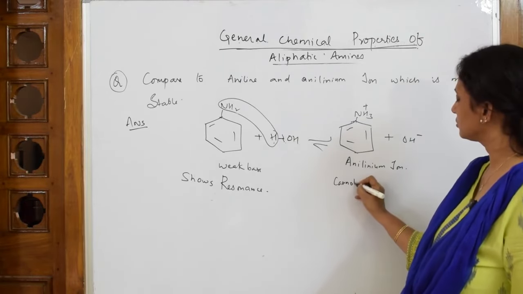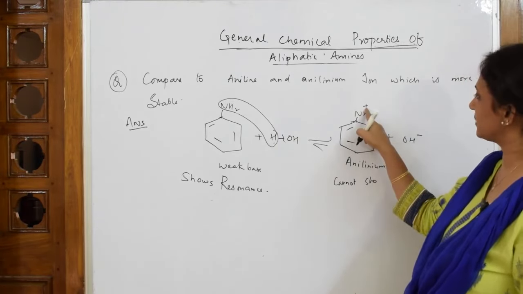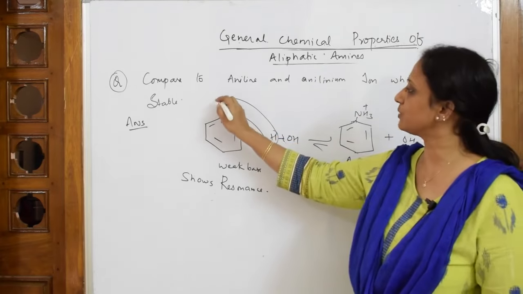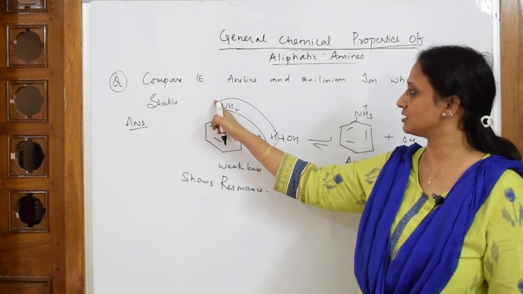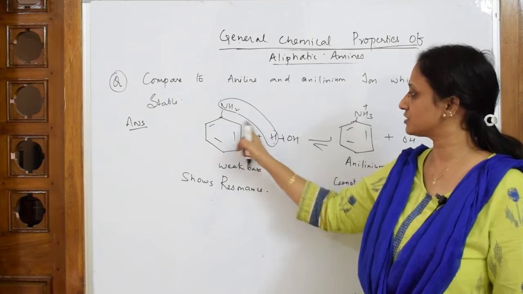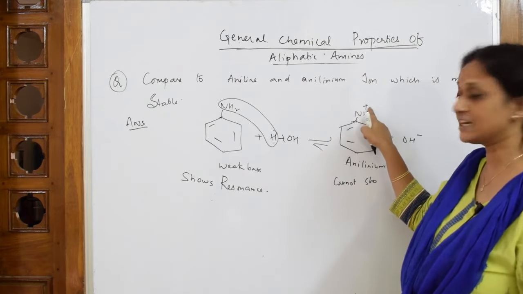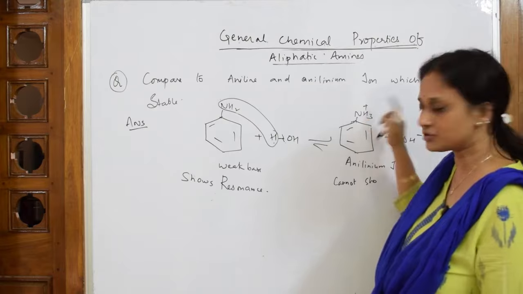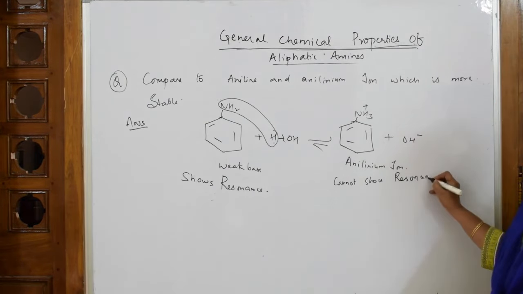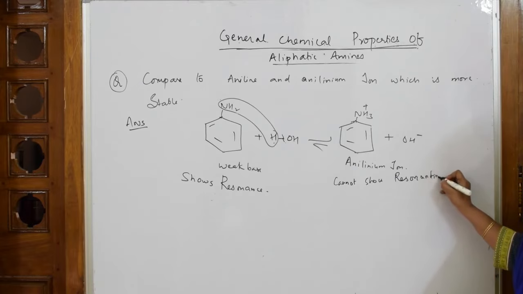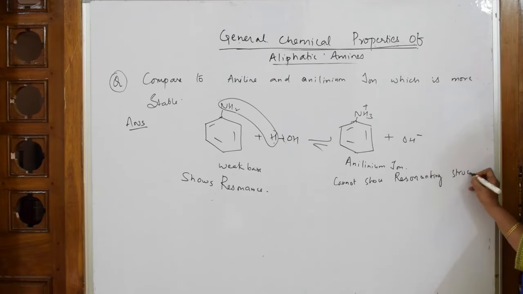It cannot show resonance because there is plus already. If here it has lone pair of electrons, that's different. The two electrons will shift here, this will shift here and that way. But here already it has attained a positive charge. It is deficient of electrons, so it cannot show resonating structures.